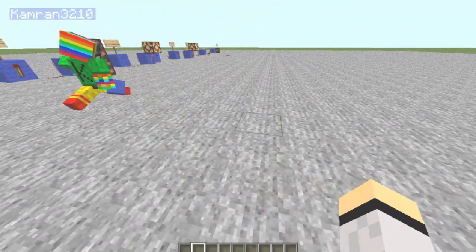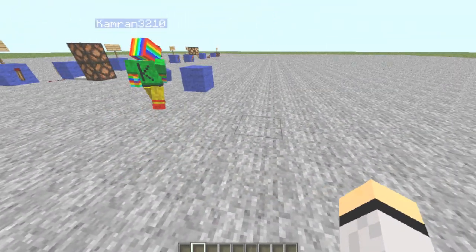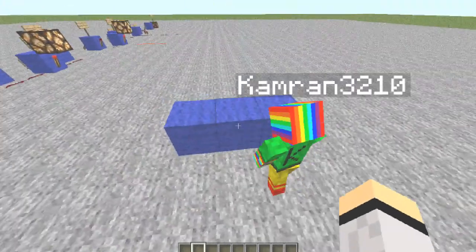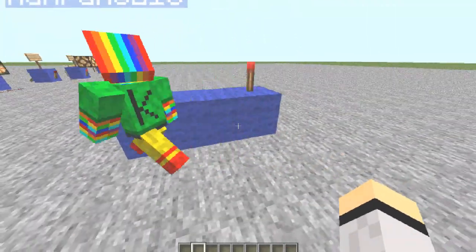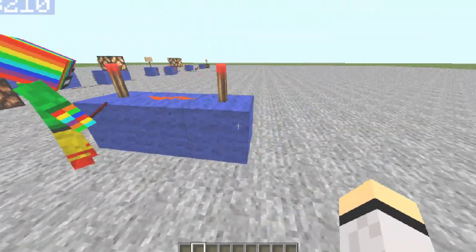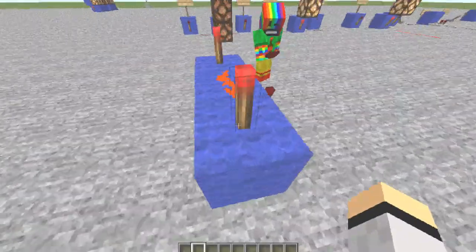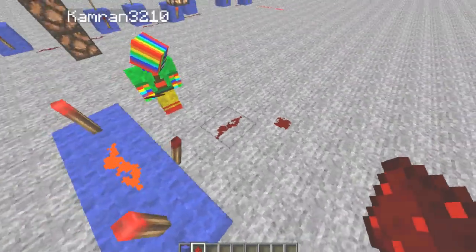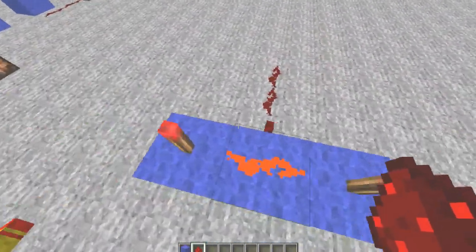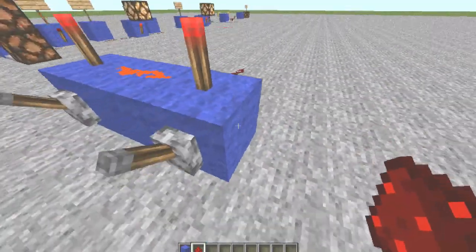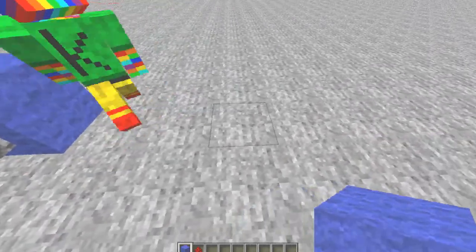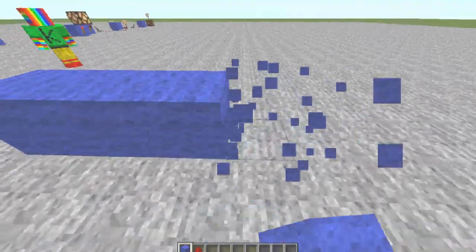So to make the AND smaller, it's like this, like that, then a bit like that. And on the other side, this is your output, and these are your inputs. So this is a smaller version of the AND gate from before.